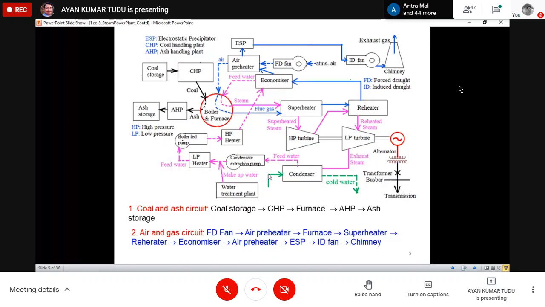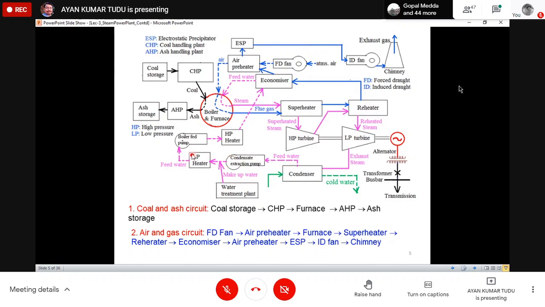Then what does the condensate do? As you can see, the condensate then passes through these LP heaters, and the temperature of the condensate is increasing. Then it is pumped into the boiler through the boiler feed pump.